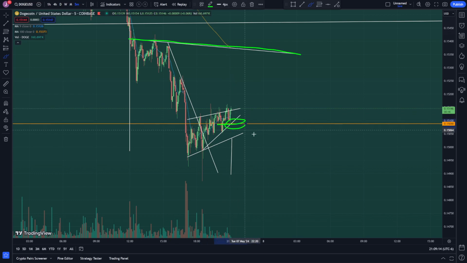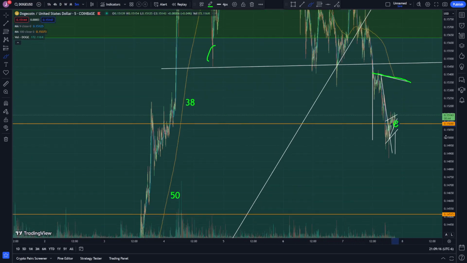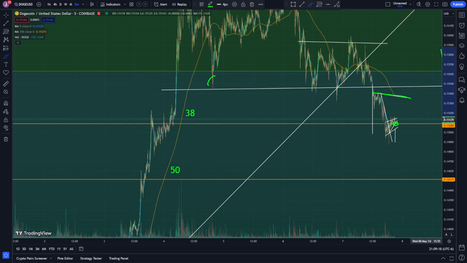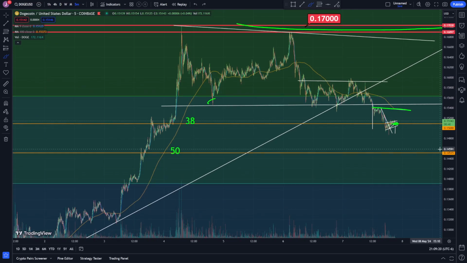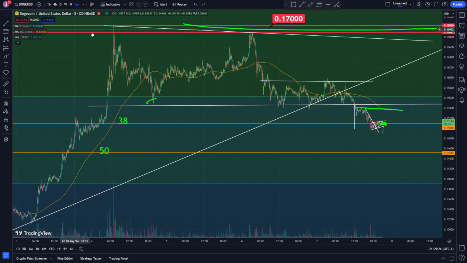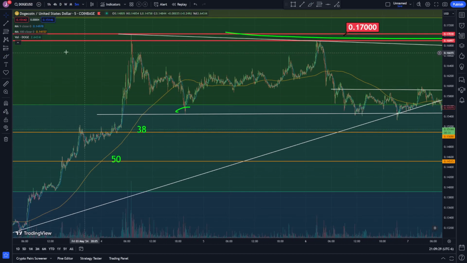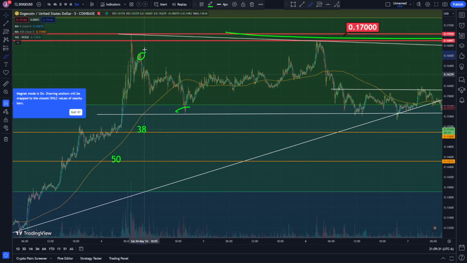We hit that first limit order. That's pretty cool because I was talking about possibly going to the downside in this area. Actually, no, it was up here, because it was 5%.